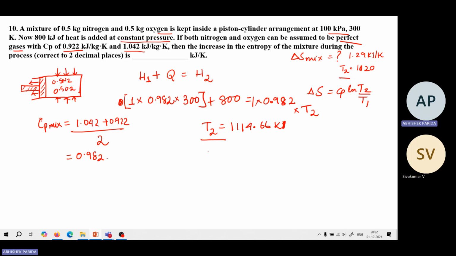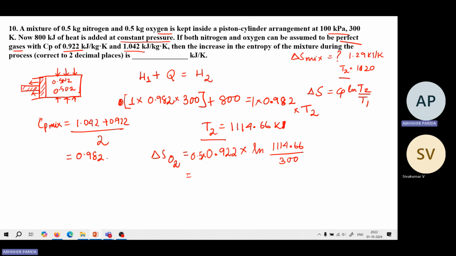Once T2 is done, calculate delta S for O2. So 0.922, or you can calculate together also, not a problem. So Cp, 0.5 ln of 1114.66 divided by 300.